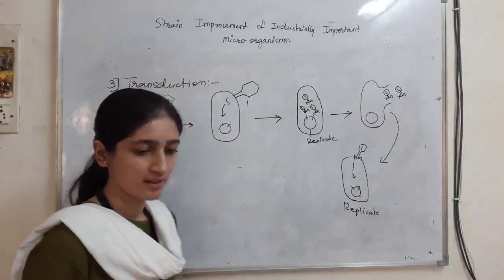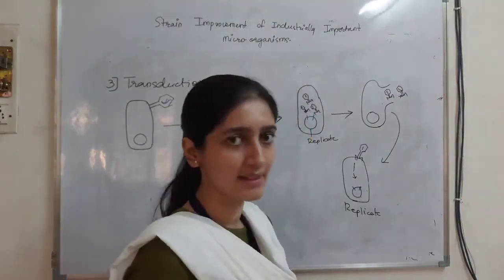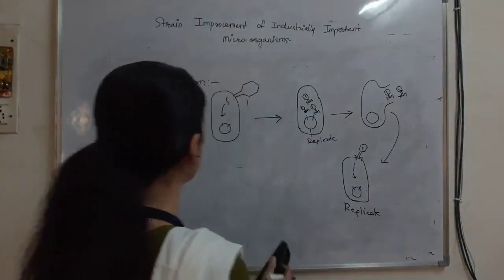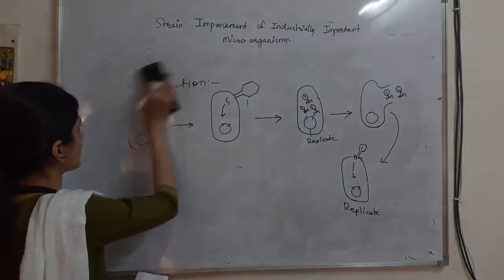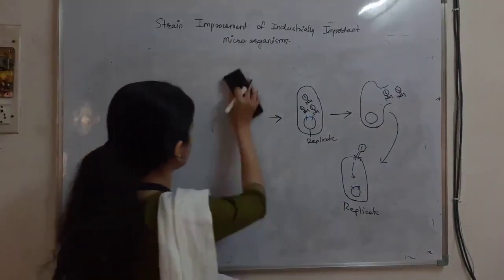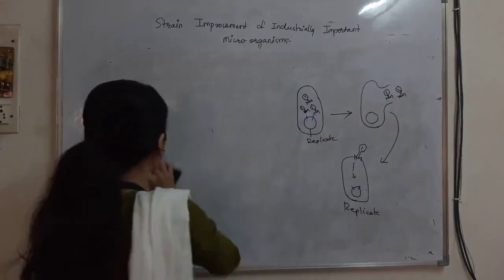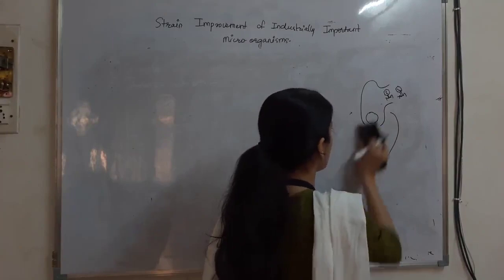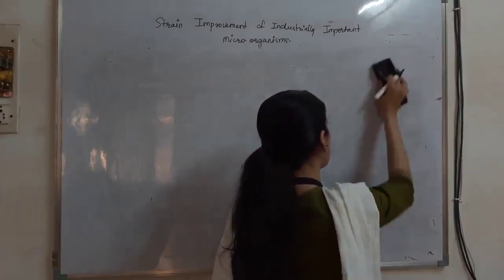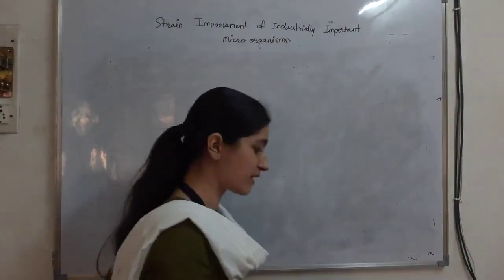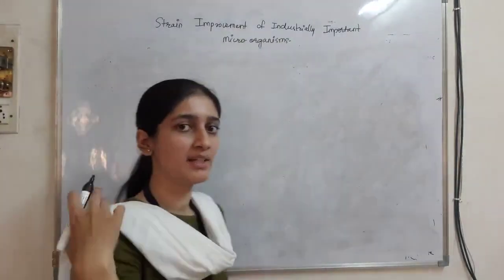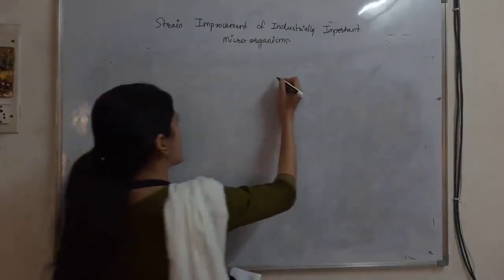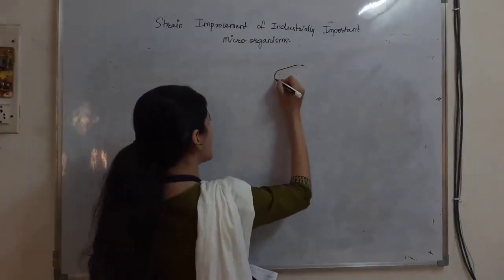And the last technique that is used for strain improvement is strain improvement by genetic engineering. Here what we do is we use different tools required for the transfer or introduction of a gene into the host. For example, the insulin producing gene, which is present in a human cell.